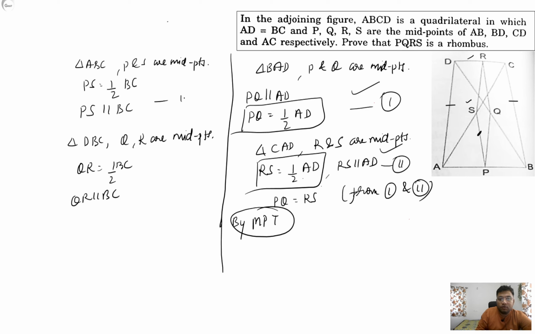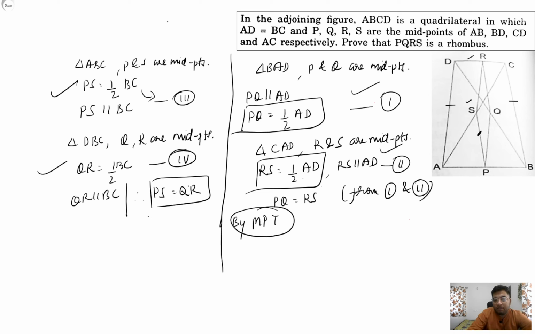If you notice, this is equation number 3 and this is equation number 4. They're both equal to half of BC. So very easily we can say, therefore, PS is equal to QR.